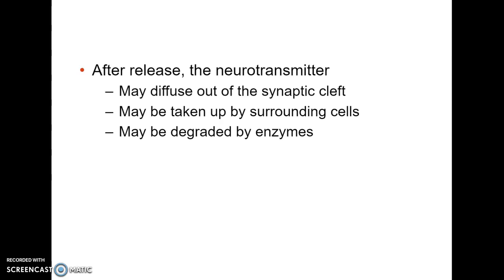So the major ways are that the surrounding cells will take up the neurotransmitter. We call this reuptake. So there are transporters in the membrane that are transporting, say, serotonin or glutamate or GABA back into the neuron.